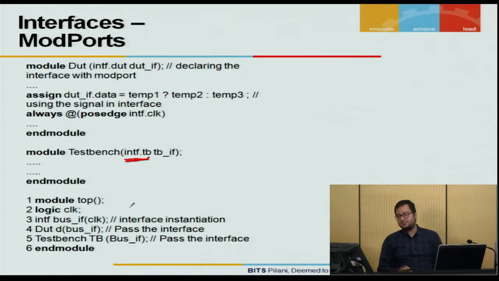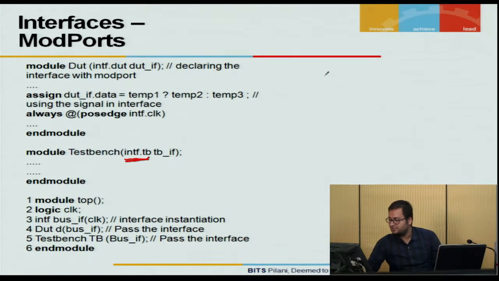So what happens is, in the module top you have a logic clock, and then you have an interface bus if. Now interface bus if has two modports, one for the DUT and one for the test bench, and the respective interfaces are connected to the DUT and the test bench. So all the internal signals are connected automatically, and in the top module the connections are really limited and very easy to understand as well.